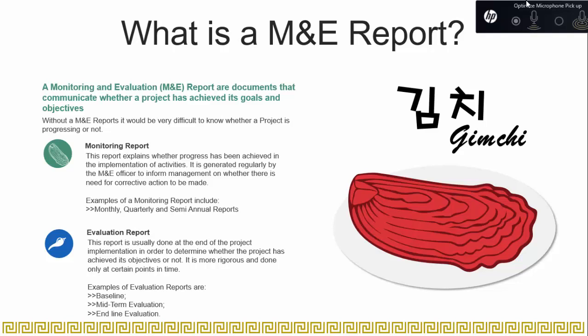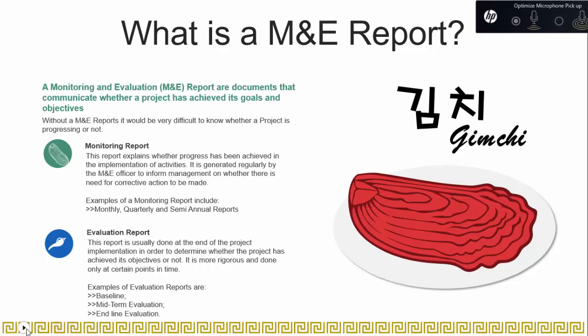So the role of the M&E officer in the compilation of the evaluation report is just to come up with terms of reference for how the report should look, and to work hand in hand with the independent consultant in its compilation. It's not that you write it, but you have to provide the relevant information that the consultant might need from time to time.